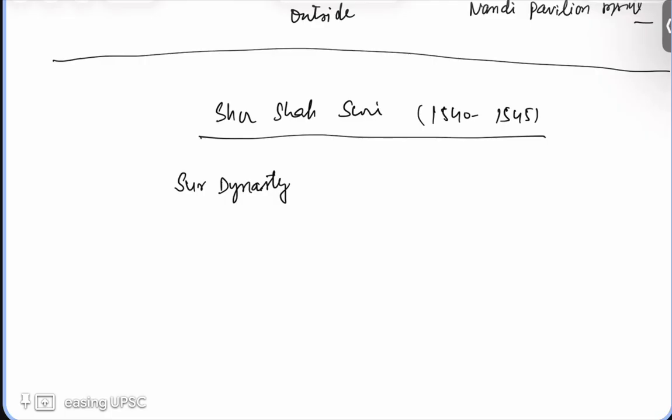Though he ruled only for 5 years, his administrative reforms were so brilliant that they served as the blueprint for the Mughal administration, especially Akbar's administration, and later the British.